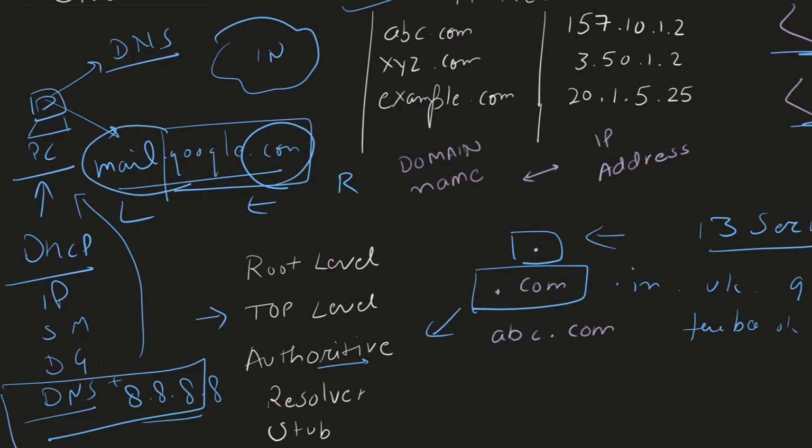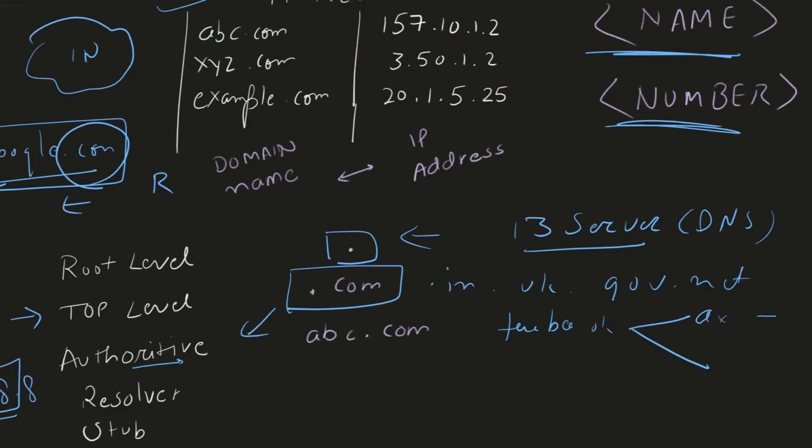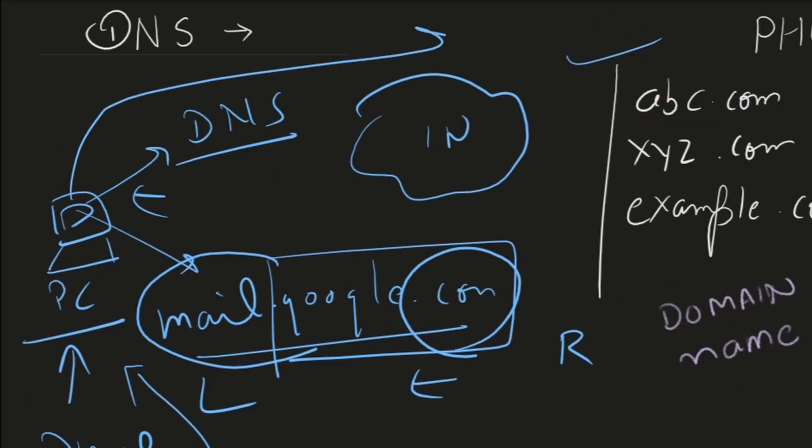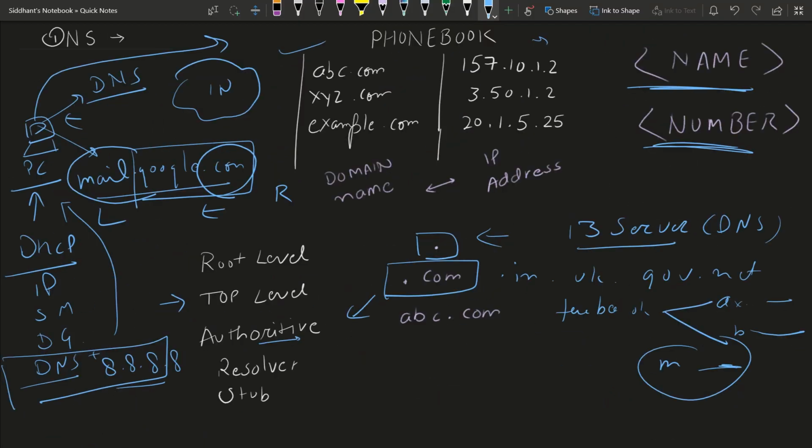Inside that there will also be some domains like ax.google.com or bx.google.com, and there will be one domain like mail.google.com. Then it will find that IP address and return it to your PC or your browser. Then your PC will go to that IP address on the internet. So this is how DNS works behind the scenes.